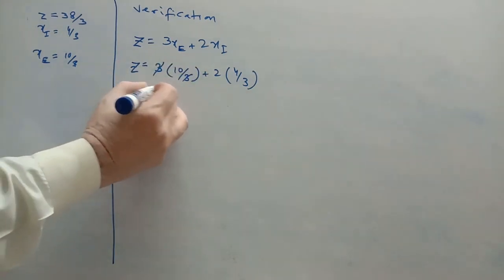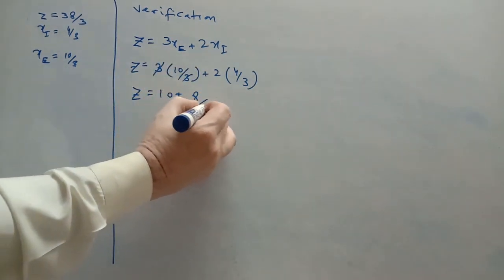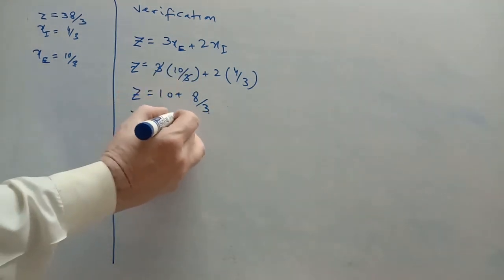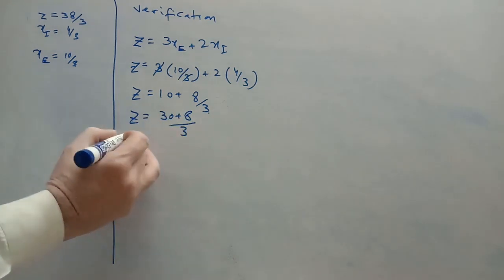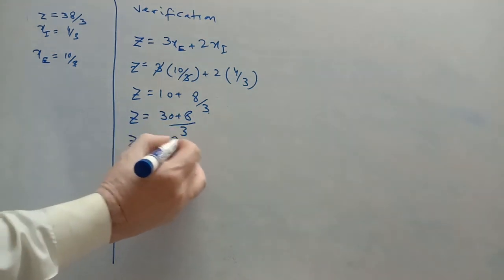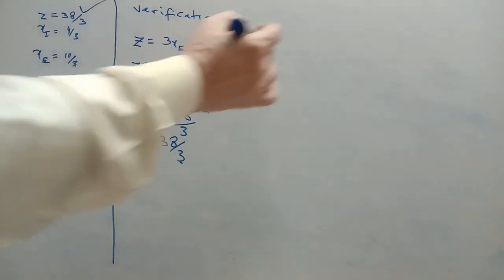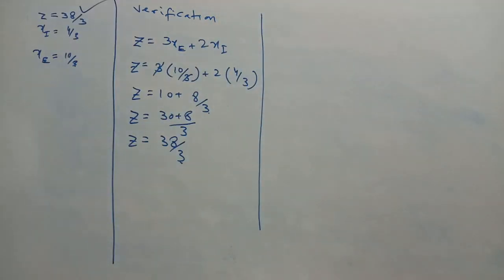Z is equal to 10 plus 8 over 3. So z equals 30 plus 8 over 3. Z equals 38 over 3. See, z is exactly the same which we have actually found via calculations. So z is verified. Similarly, we'll go with each of the constraints.